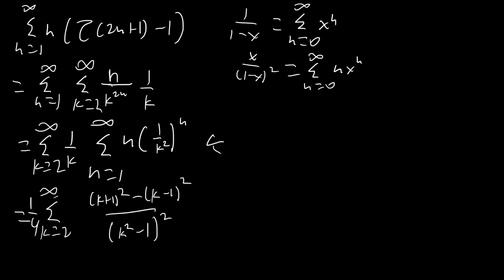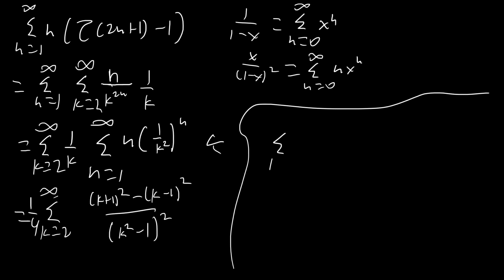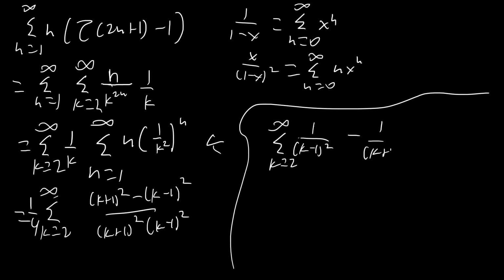And so overall, the partial fractions result for our sum, we're going to have the sum from k equals 2 to infinity of 1 over, so k plus 1 squared over k squared minus 1 squared, since this bottom is actually just equal to k plus 1 squared times k minus 1 squared. We're just going to end up with 1 over k minus 1 squared minus 1 over k plus 1 squared.